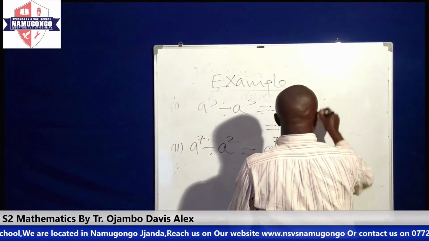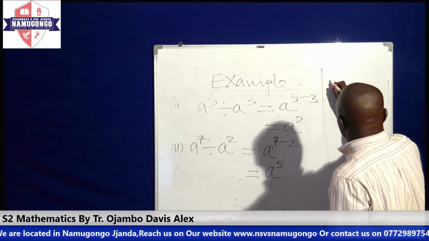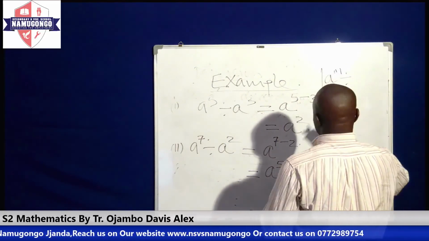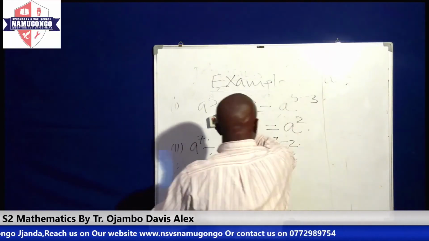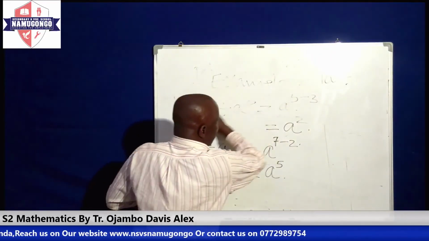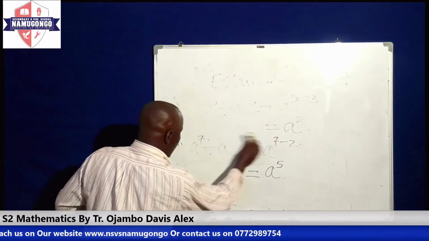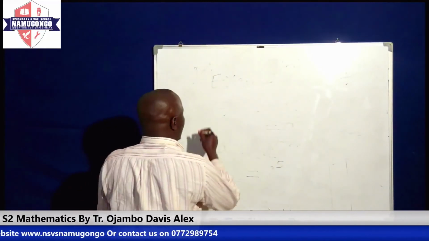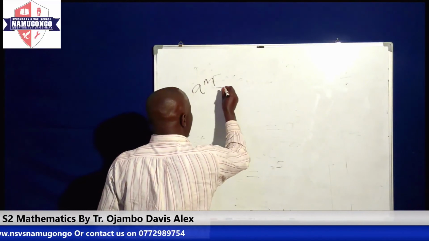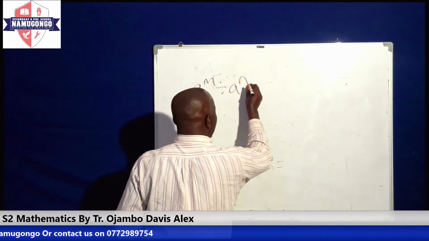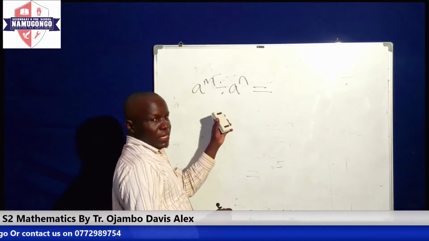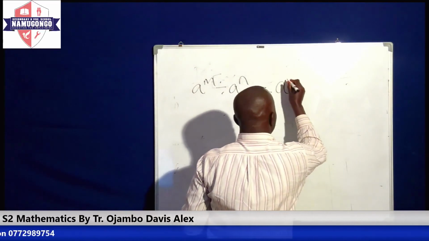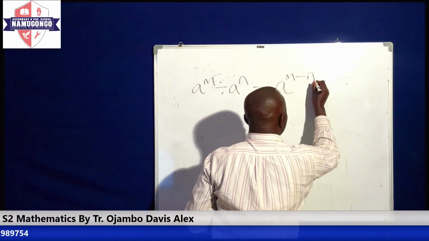Our second law of indices says that if I have a raised to the power of m being divided by a raised to the power of n, that we are dividing two numbers with the same base, what we do is subtract the powers, and that becomes a raised to the power of m minus n.